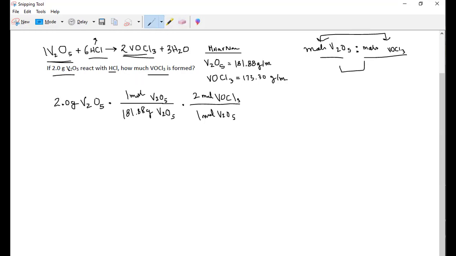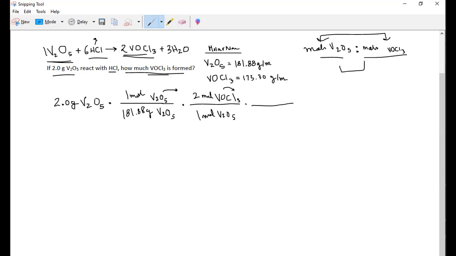It's saying if you have this much of the compound react, it's not explicitly stating what unit of measurement it wants it to be expressed in, but since V2O5 is expressed in grams, why don't we go ahead and also express VOCl3 in terms of grams? So we would need something, and this is our new starting point now.